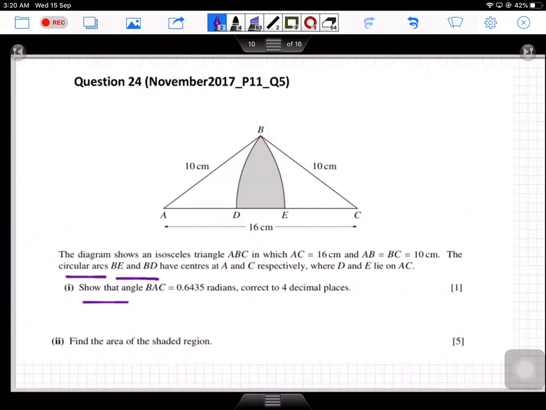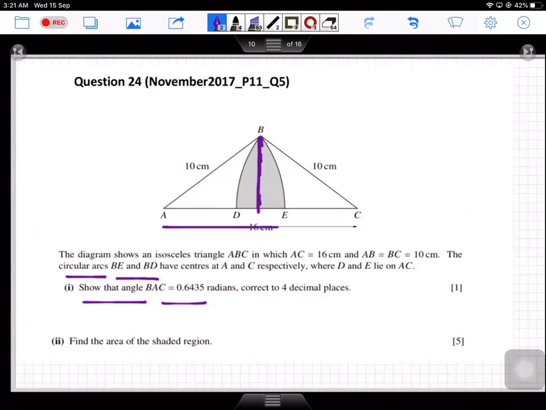Part 1 is saying that show that angle BAC is equal to 0.6435 radians, correct to 4 decimal places, just for 1 mark. So basically what you know is that this is an isosceles triangle ABC. All right. So if I take the height over here, this is a height, and this line will act as a perpendicular bisector of the complete line AC.